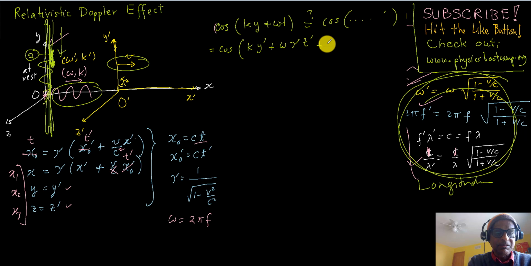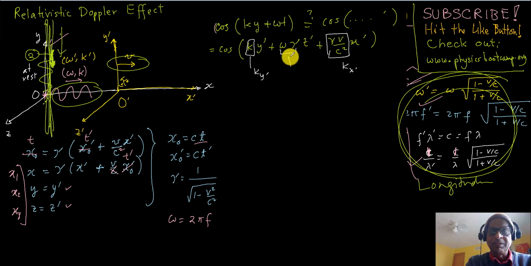So plus gamma v over c squared x prime. So now this is k x prime, this is k y prime, and this is omega prime.